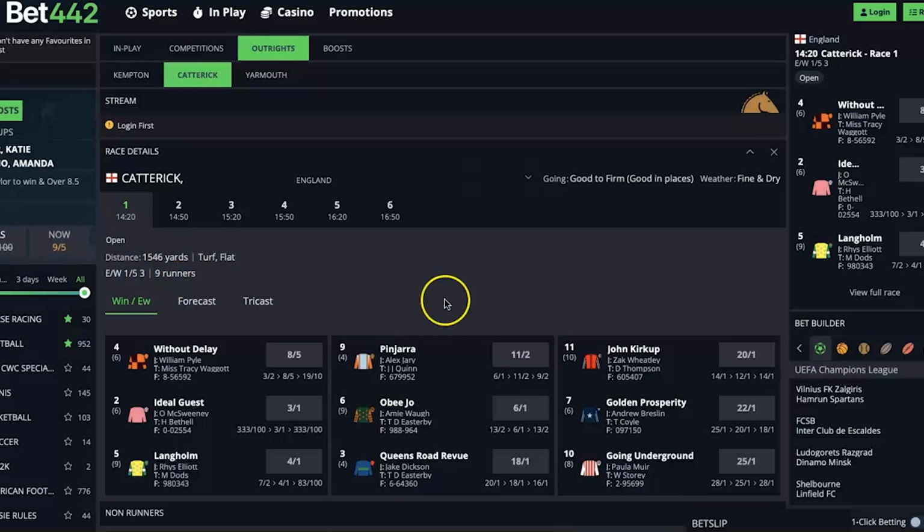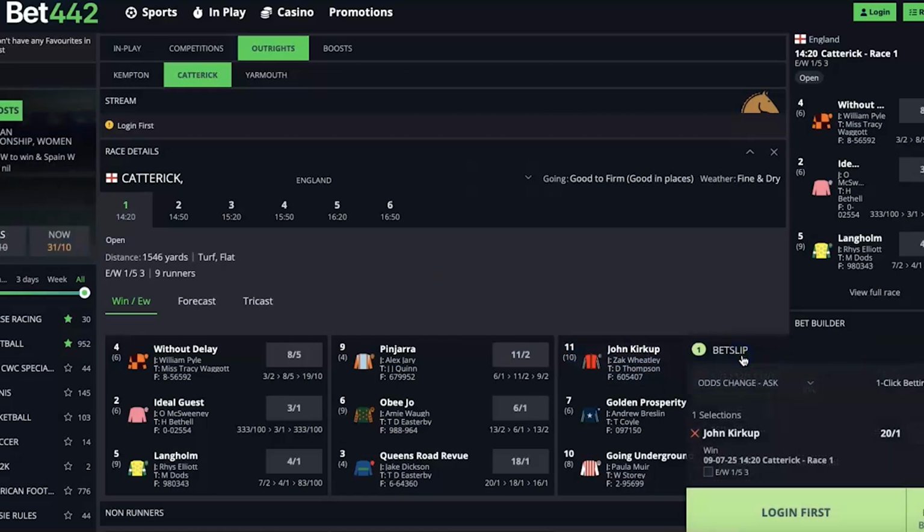So for example, if we were having a bet in this race on John Kirkup here, the 20-1 shot, you would obviously tick this box as well, because we don't just want to bet John Kirkup on the outright to win just the race. We want to cover the each way terms of that horse potentially reaching the first 3 spots in this 9 runner race.